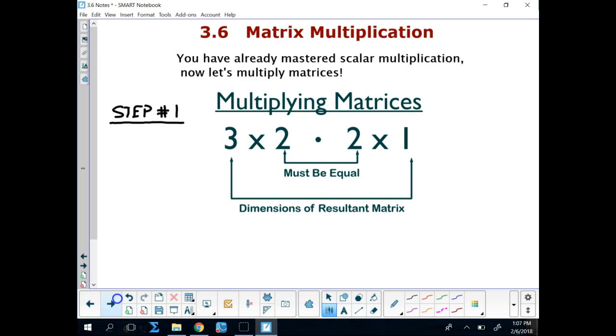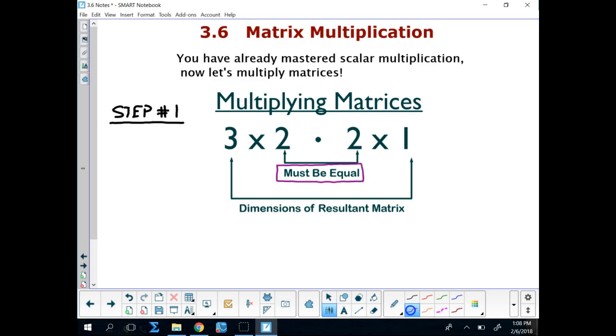If those middle two numbers are equal, so the kicker is right here, these middle two numbers must be equal. If they're equal, you can multiply. If they are not equal, you can't multiply. It's not possible.